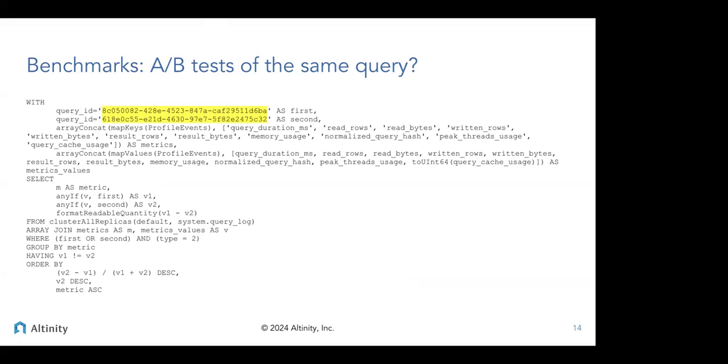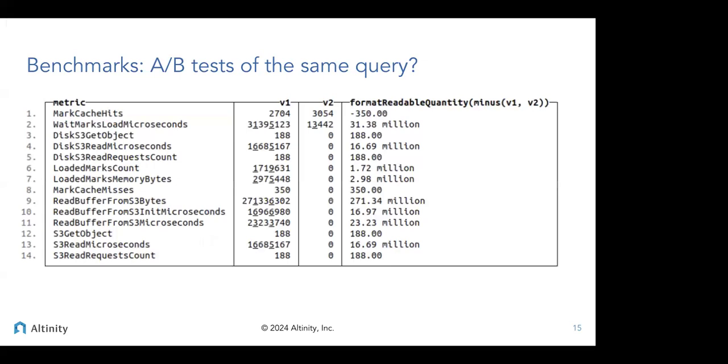If you have two query IDs, it can be the same query which runs once fast and another time slow, or it can be two different variants of the same query. If you're trying to understand how different variants of a query behave, you can use that query to compare those two runs.